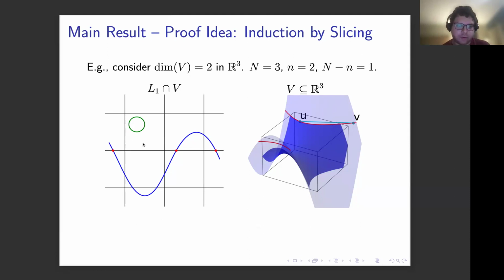Okay, oh yes, one important thing before proceeding. Another possibility is that there are some connected components of this intersection that are completely contained inside one cell, right? Such as this green circle. And we also need to cover those. In this case, they will be missed by the process I just described of putting balls at the red intersection points.